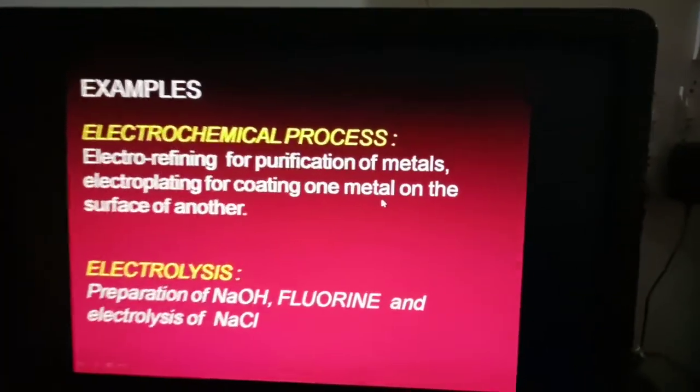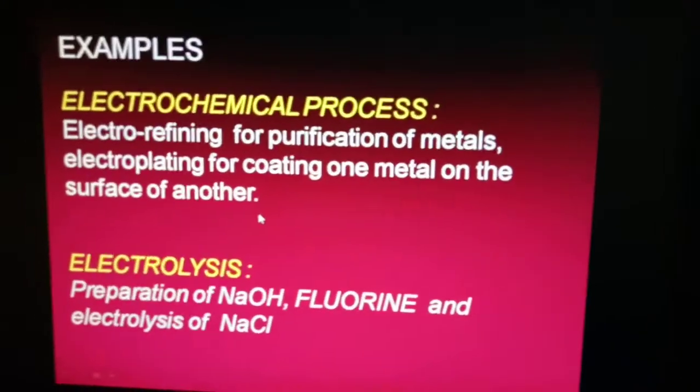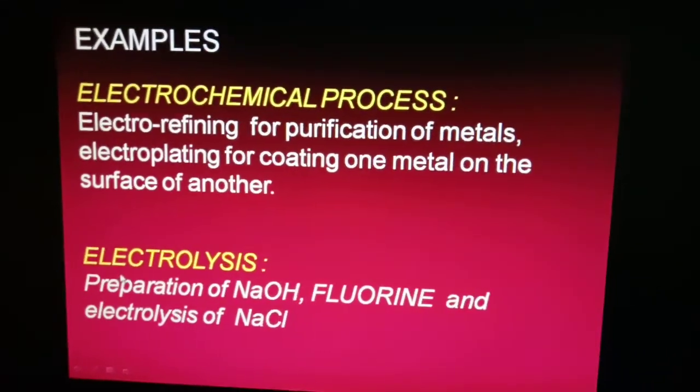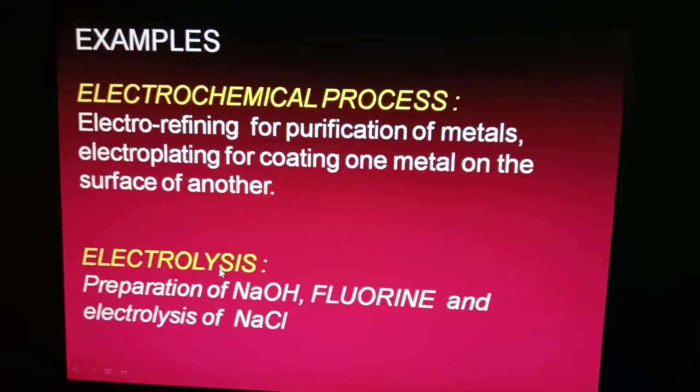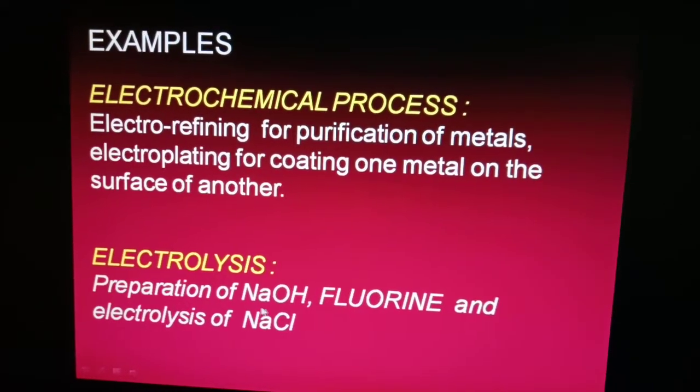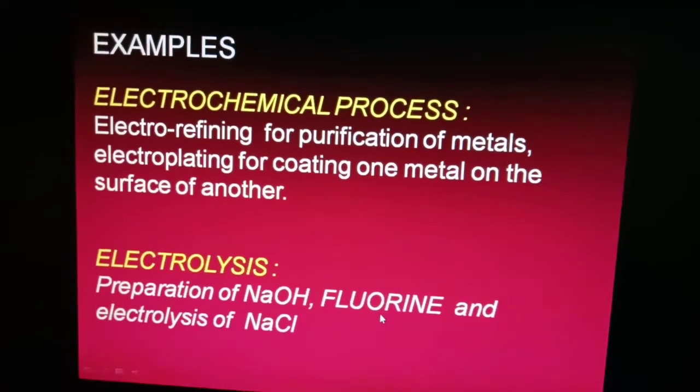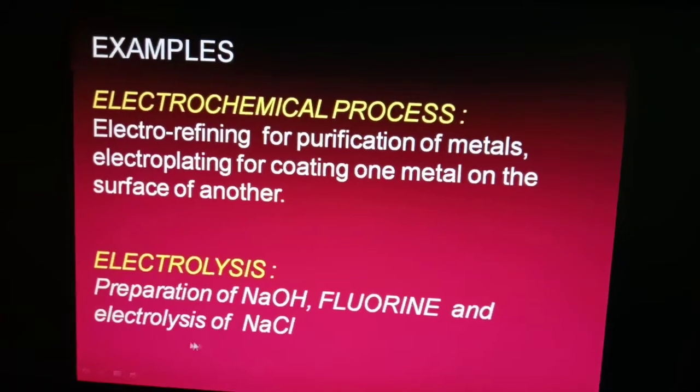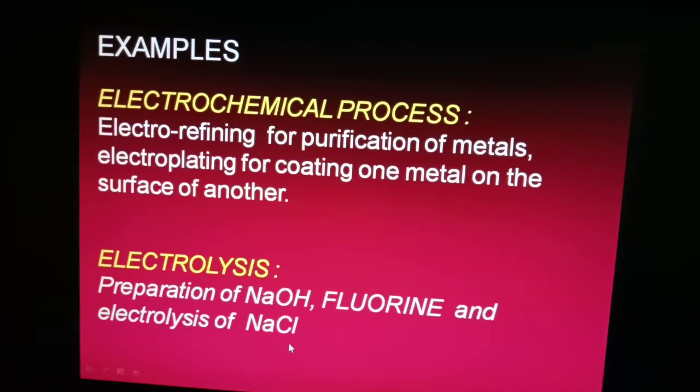Examples of electrochemical process: electro-refining for purification of metals, electroplating for coating one metal on the surface of another. Electrolysis examples are preparation of NaOH, fluorine and electrolysis of NaCl.